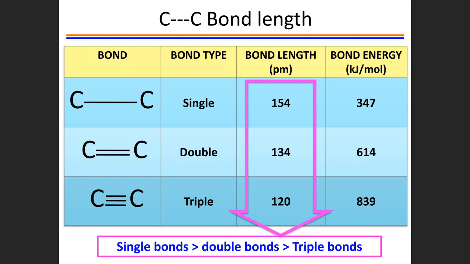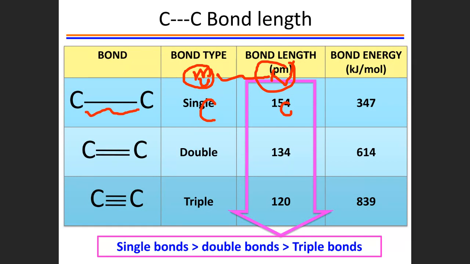If we draw this, we have the nucleus of one carbon, and here we have the nucleus of another carbon. So this is the distance between the nuclei of the two atoms. This is called the bond length.